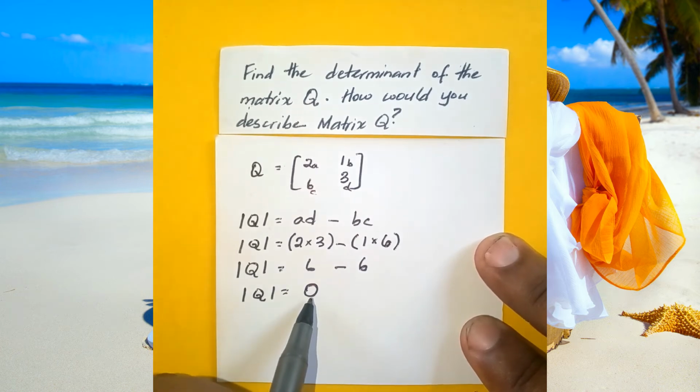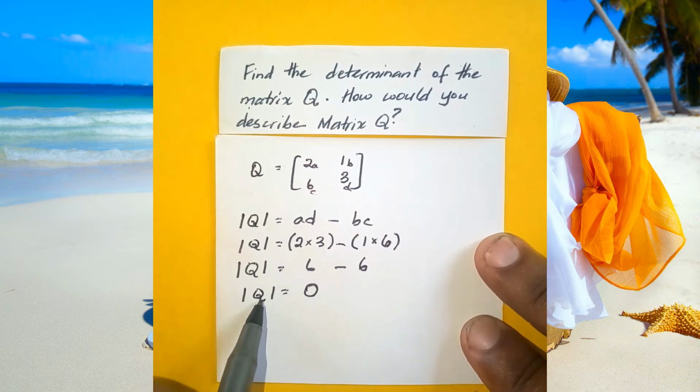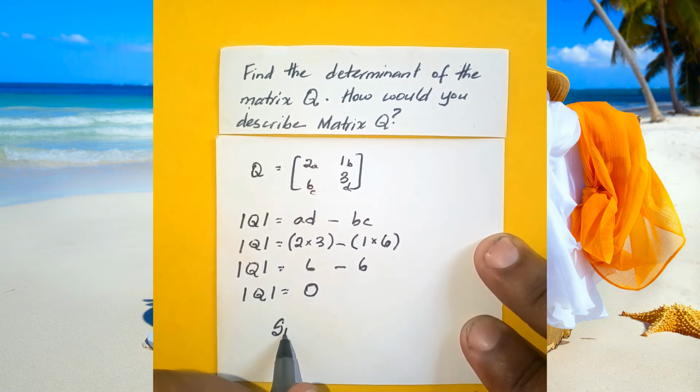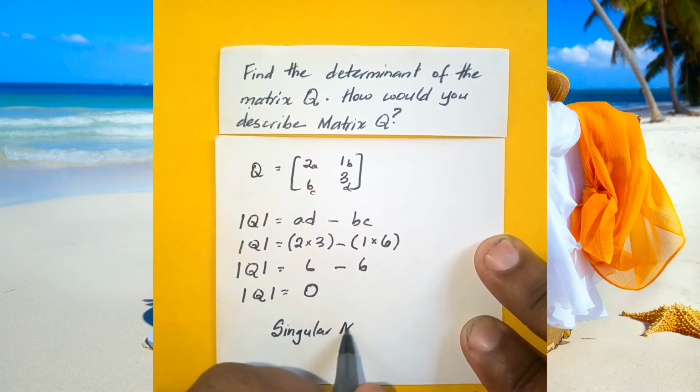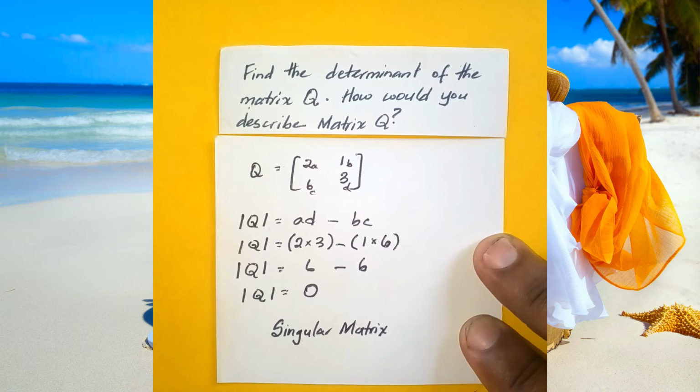So because the determinant of the matrix Q is equal to 0, we can describe Q as a singular matrix. So once the determinant of a matrix is 0, it is described as a singular matrix.